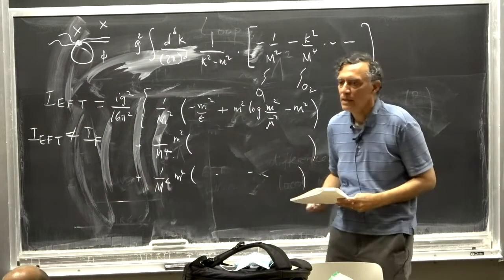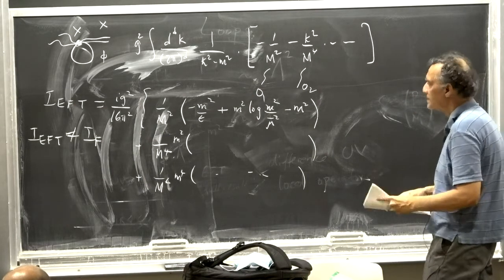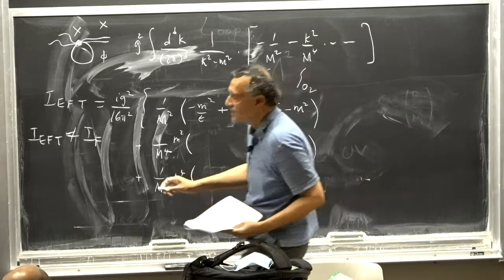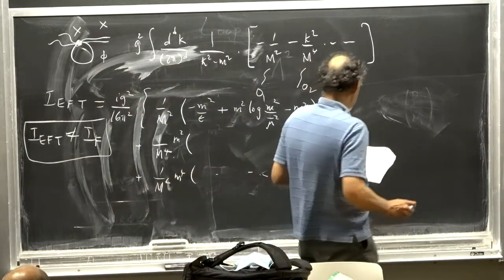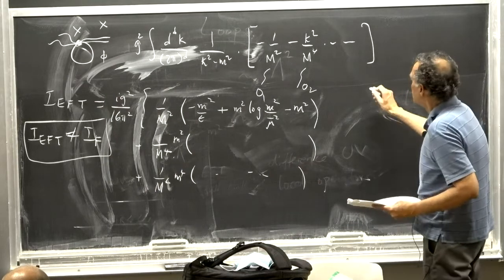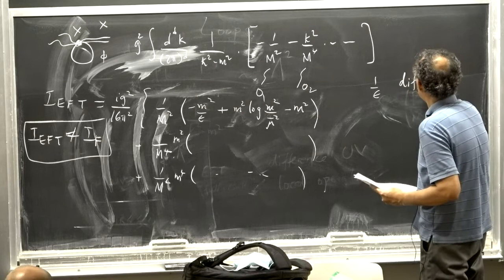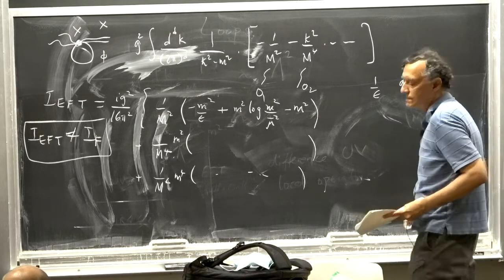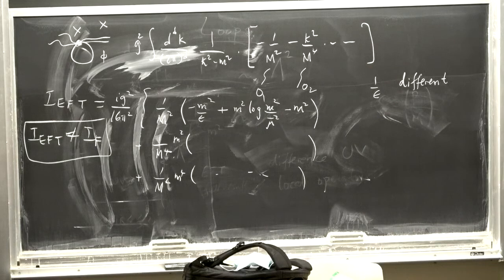OK, so several points to make here. Well, first, of course, these are not equal. The other point is the 1 over epsilon terms are different. So here, the 1 over epsilon term had a coefficient 1.